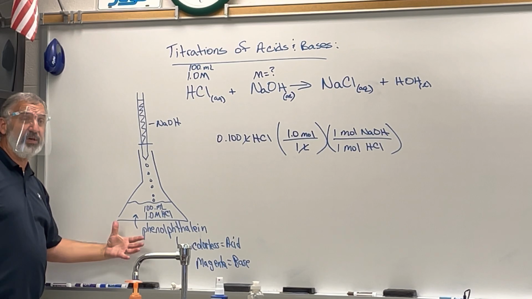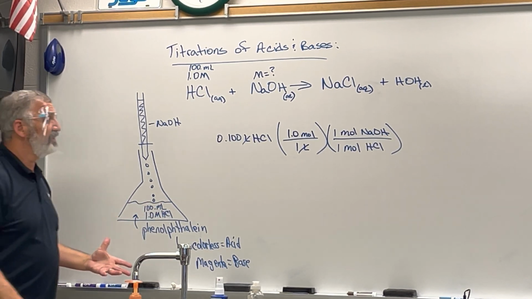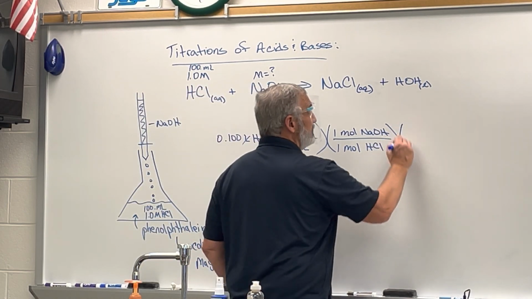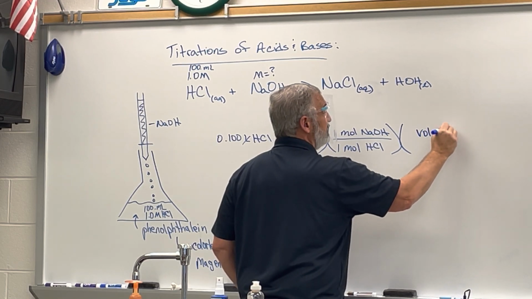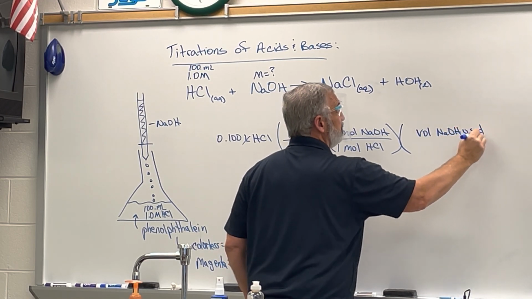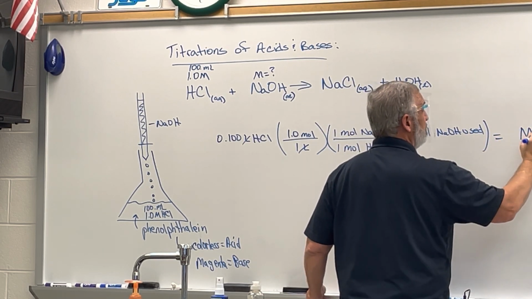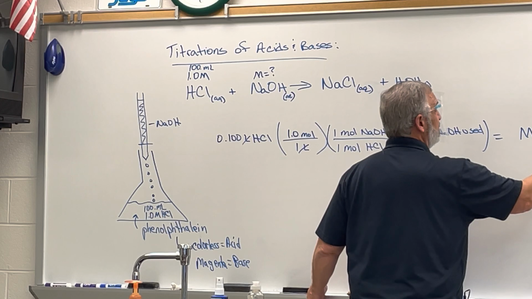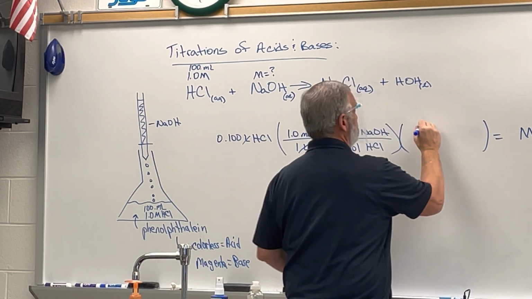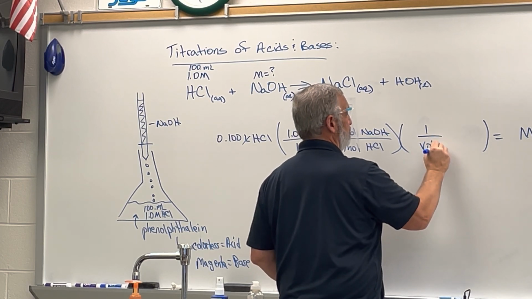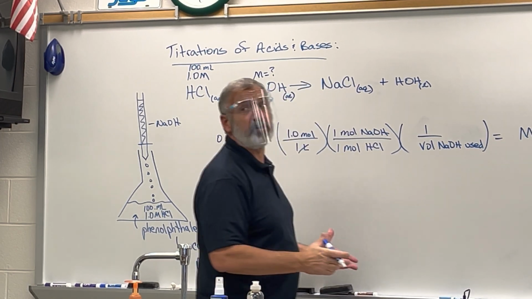So at that point, moles of H plus equal moles of OH minus, times the volume of NaOH used. And that's going to equal the molarity of the NaOH, actually times 1 over the volume, because molarity is moles per liter.